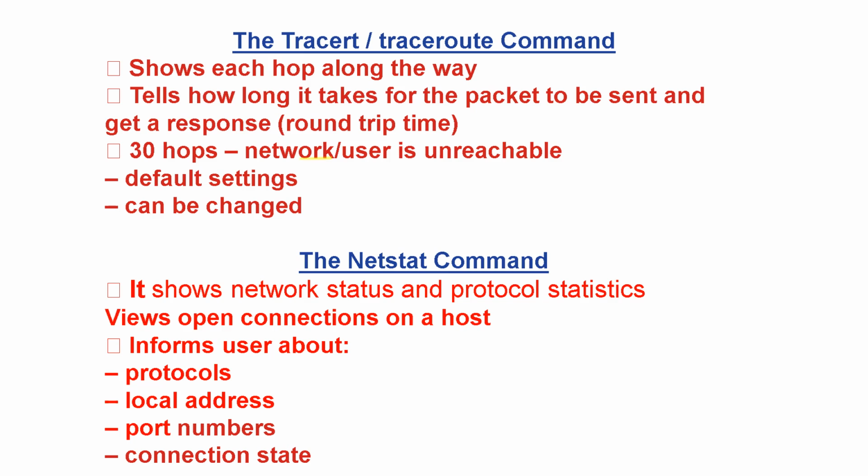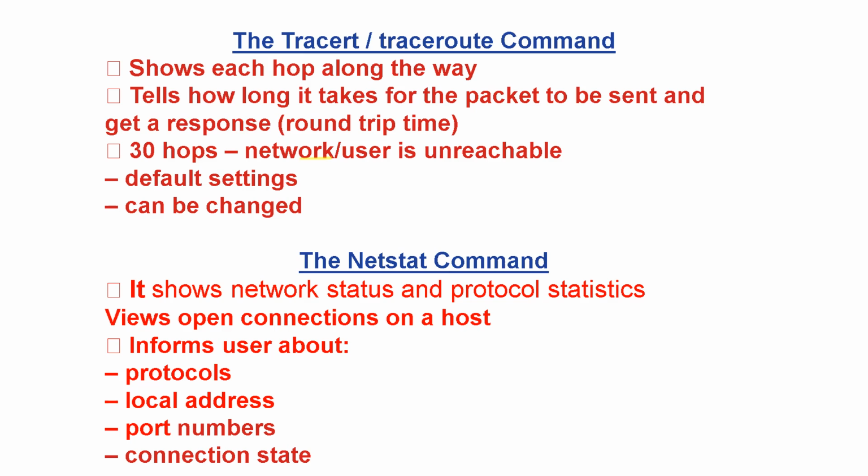It tells how long it takes a packet to be sent and reach its response, that is the round trip time. 30 hops is the maximum number that can be returned, and this is the default value and it can be changed. From this traceroute command, we are able to identify whether a user is unreachable or not. If there are 30 hops, then it will be unreachable.